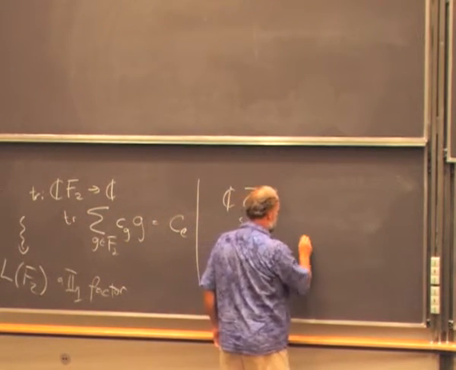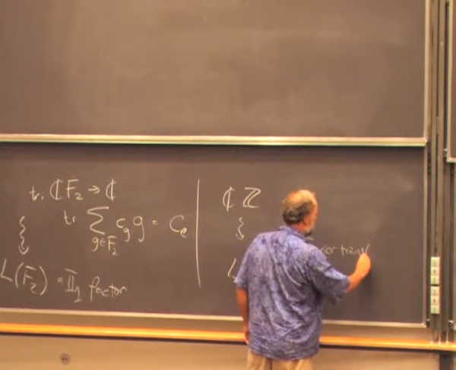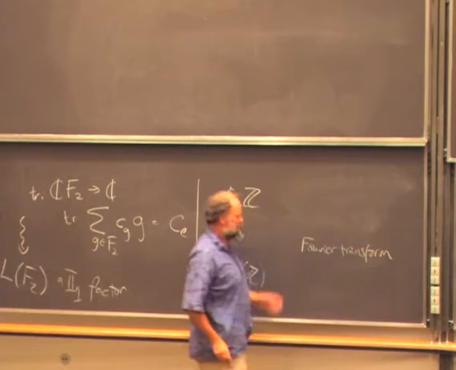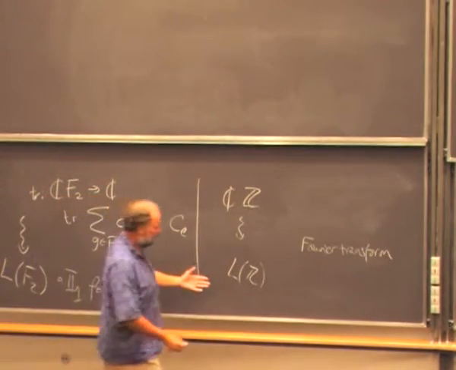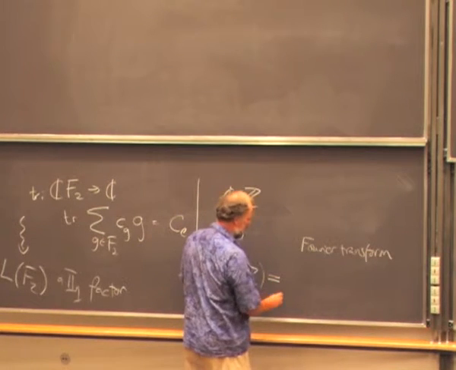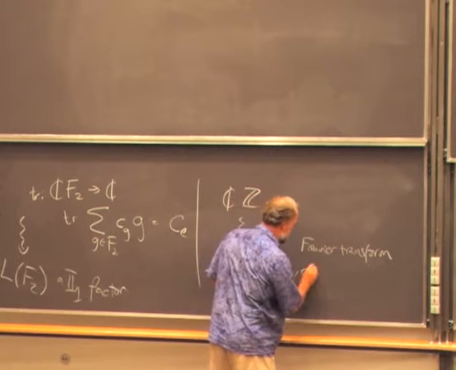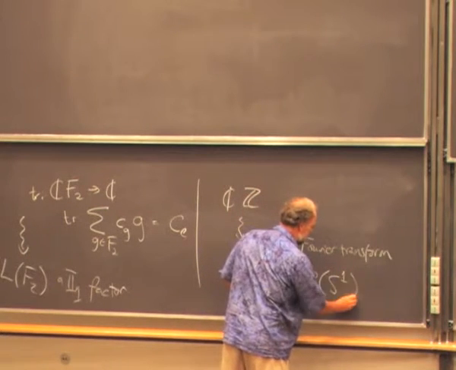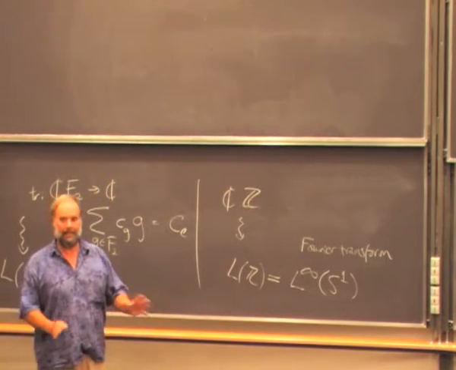So there's Fourier transform here. And because this group is abelian, Fourier transform works like a charm and allows you to identify this algebra with L infinity of S1, the circle.